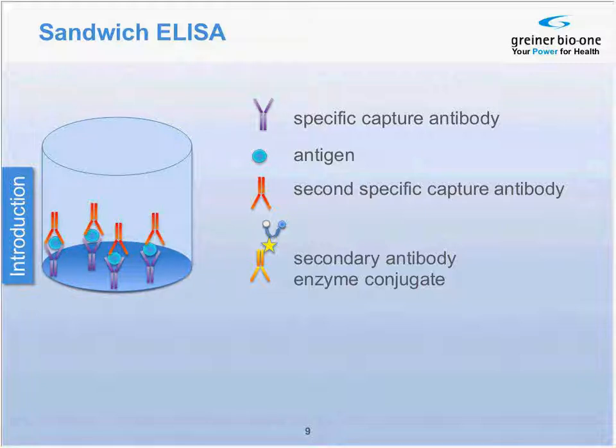A second specific antibody is added in a subsequent step and interacts with a different epitope of the antigen. In the last step, an unspecific secondary antibody enzyme conjugate is used for detection. Prerequisites for a sandwich ELISA are the availability of two specific antibodies and two accessible epitopes on the analyte.